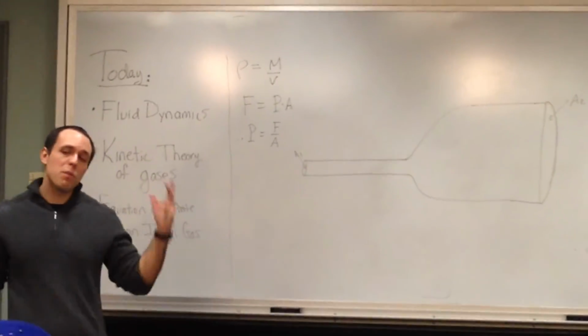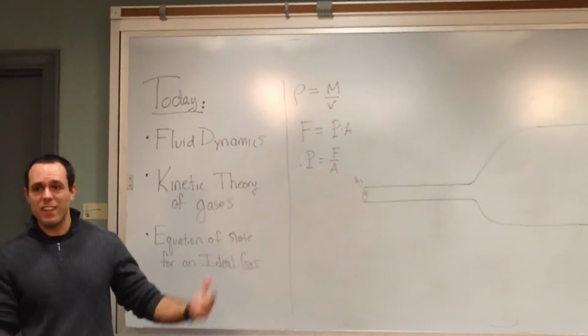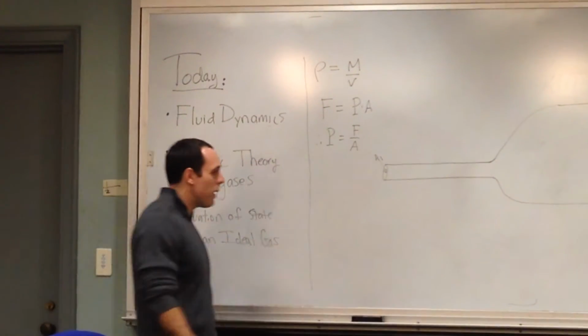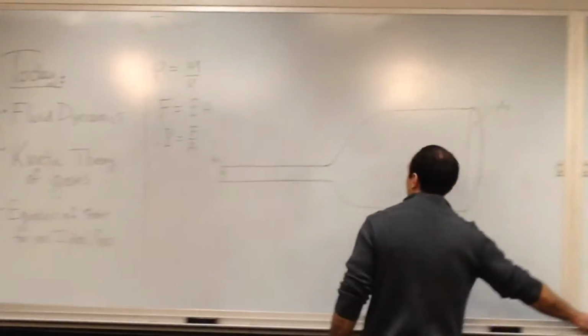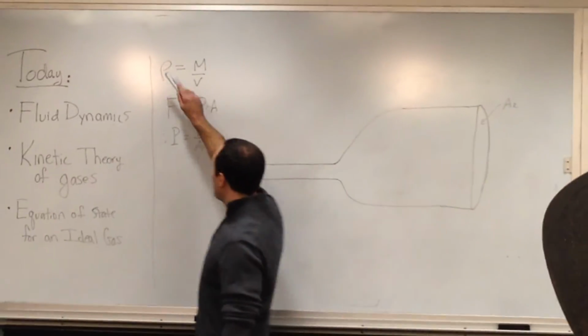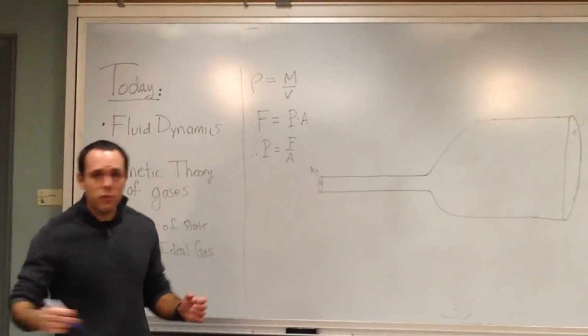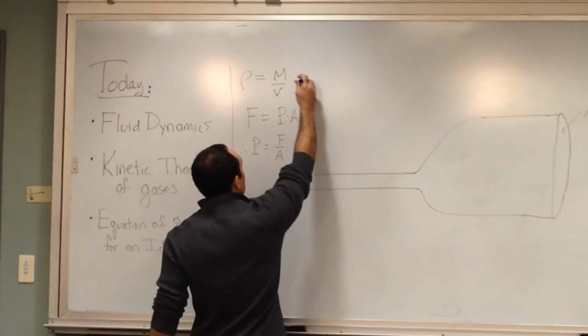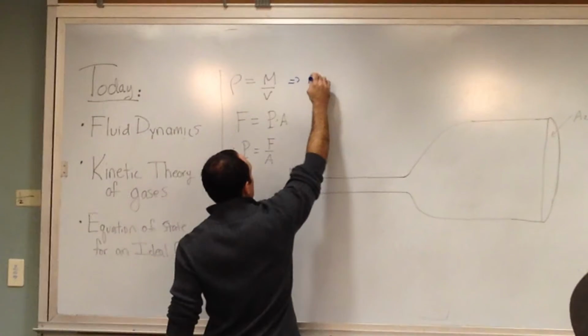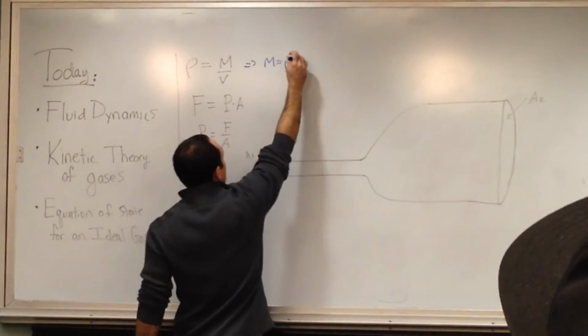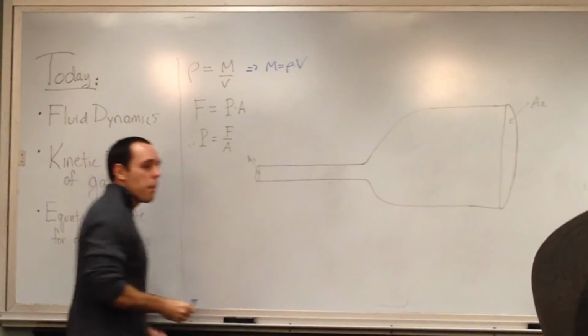So just mass divided by volume. If we knew what the mass density of a given object was already, and we knew its volume, this basically just says that the mass is just the mass density times the volume.